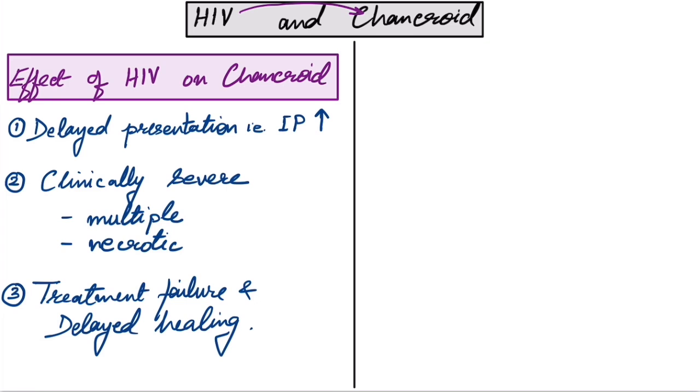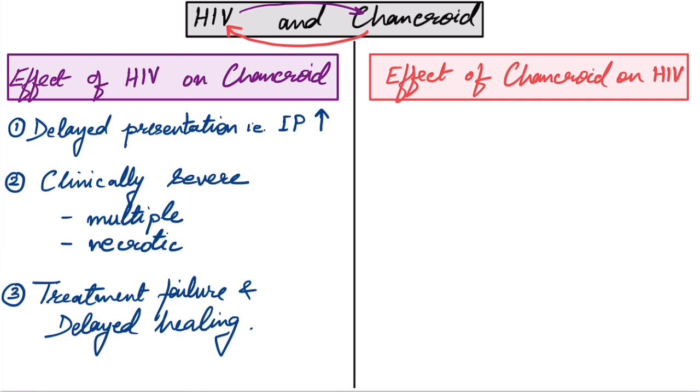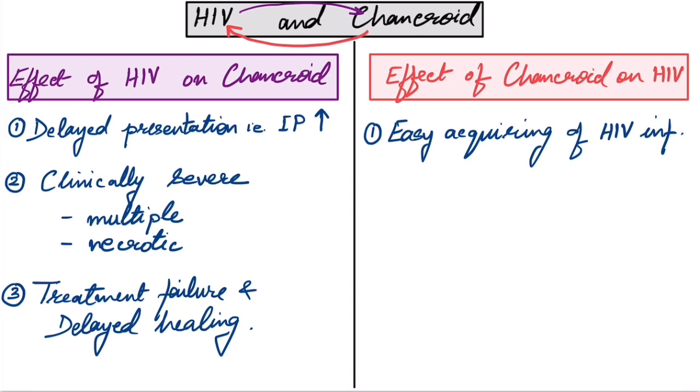Now the effect of Chancroid on HIV. So when there is a Chancroid, there is already an ulcer, there is damage of the barrier. So there will be easy acquiring of the HIV infection. Due to the bleeding ulcers, the blood exposure is more. So let's write down damaged barrier and blood exposure.